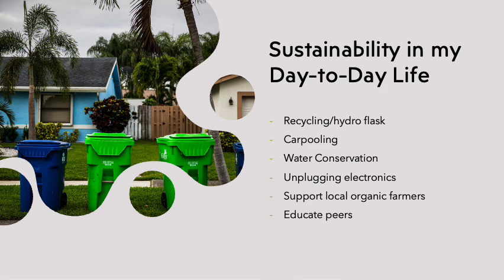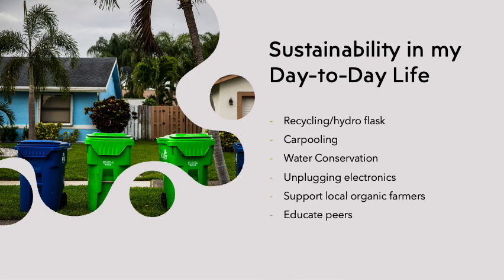Some ways that I'm sustainable in my day-to-day life are recycling, carpooling, water conservation, unplugging electronics, supporting local organic farmers, and educating peers. The process of recycling typically uses less energy than producing new materials from raw sources.